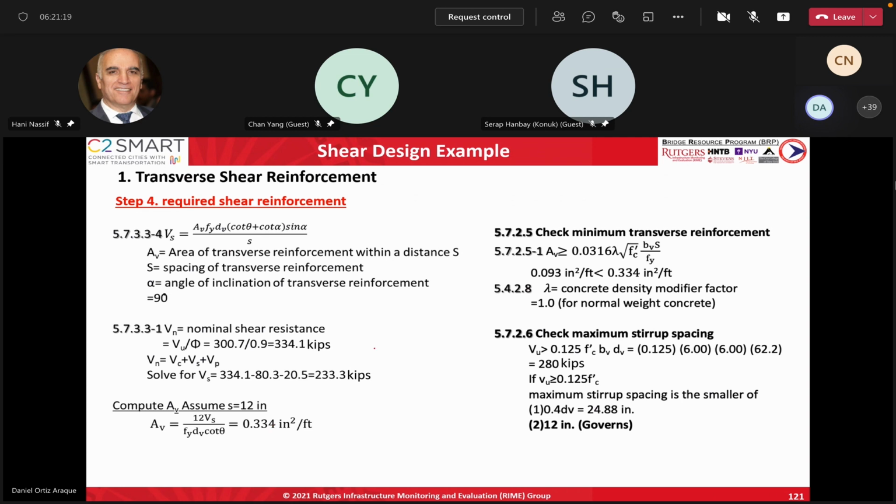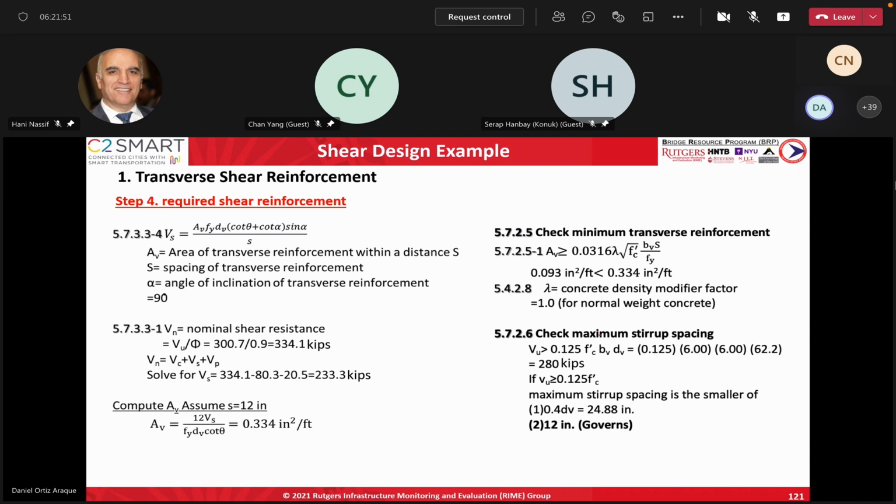And now we need to check if this value can be used. So we check for minimum transverse reinforcement, and we check for maximum stirrup spacing. For minimum transverse reinforcement, we have just some quick equations where there is this density modification factor. In this case, we're using normal weight concrete, and given that, it's allowed that the area of reinforcement is less than this value.